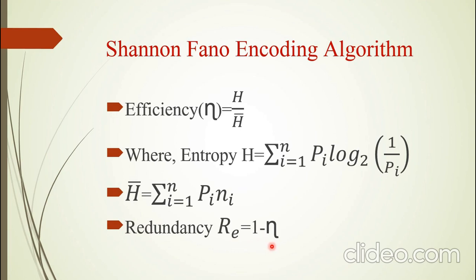So these are the basic steps and the basic formulas of Shannon-Fano encoding. These are the steps that I will follow step by step, and I will explain how to solve the examples.